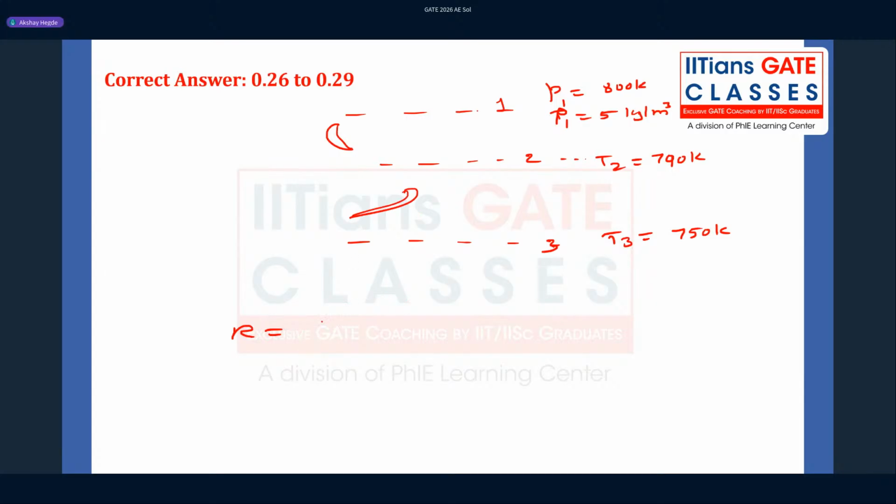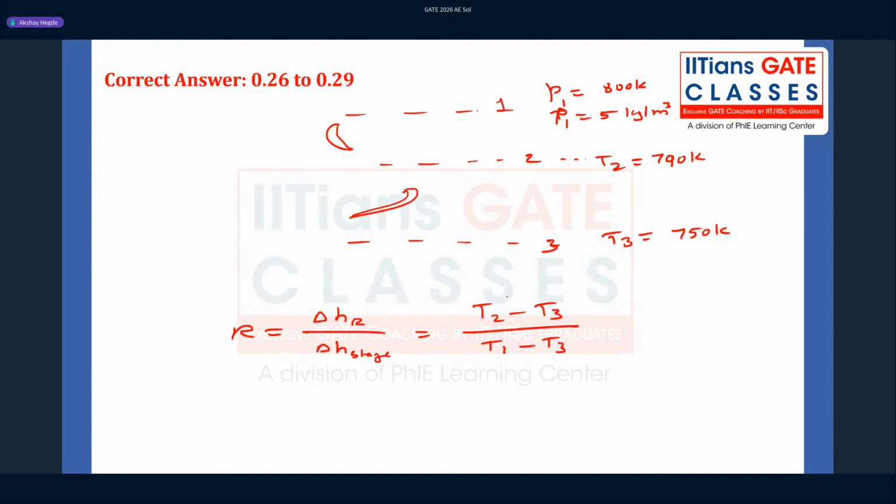So we can define it as the enthalpy change in the rotor to that of the enthalpy change in the stage. For a given gas, Cp is constant, so I can write it as T2 minus T3 divided by T1 minus T3.